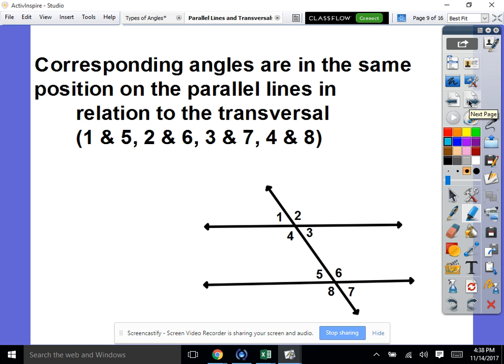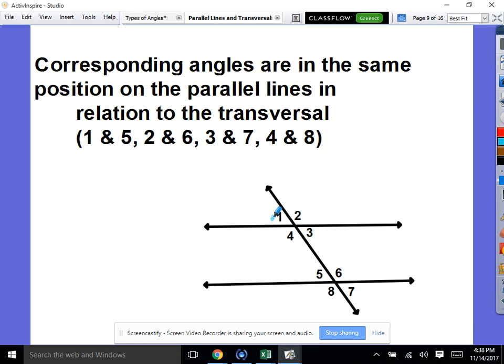Corresponding angles are in the same position on the parallel lines in relation to the transversal. So angle 1 is above the line and to the left of the transversal. Angle 5 is above the line to the left of the transversal.